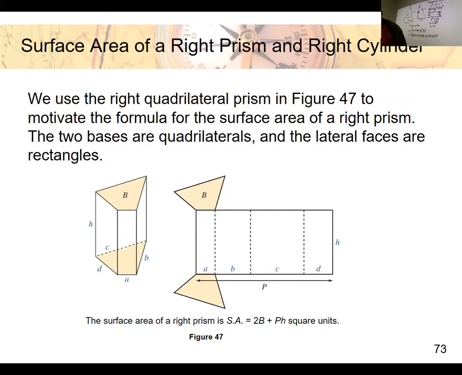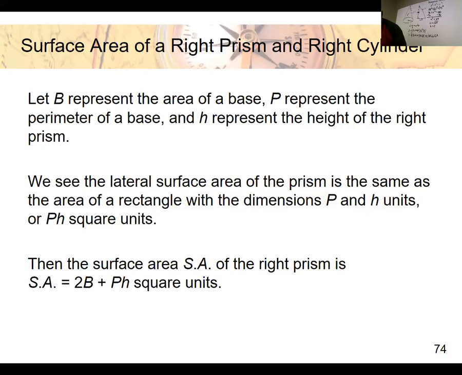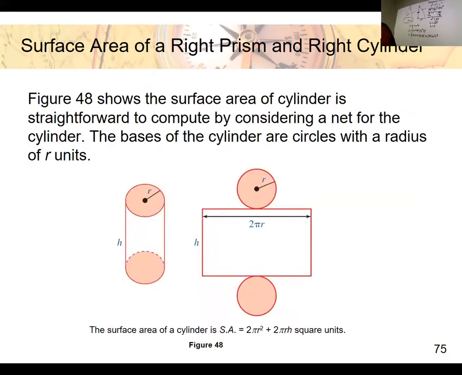And then I'm going to jump over here to the other slide where they show you the cylinder. A cylinder looks like a can. Now what they've done here is we have these two bases, the top and the bottom. That's these two here. And then the face here is flattened out into a rectangle that looks like this.